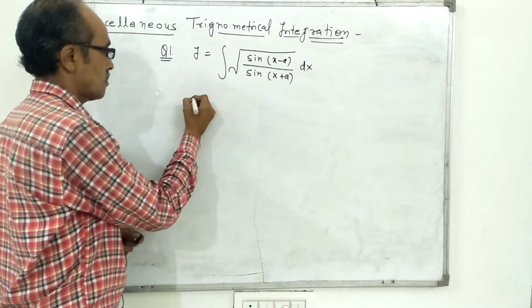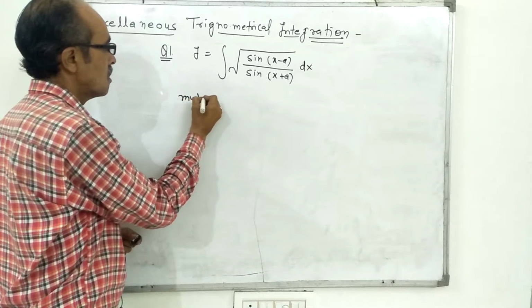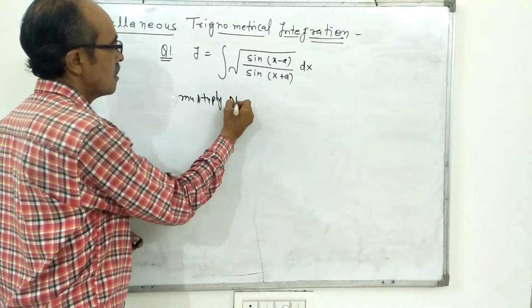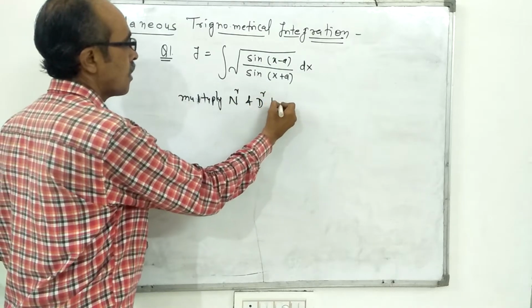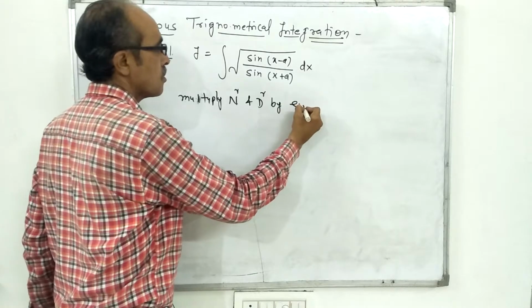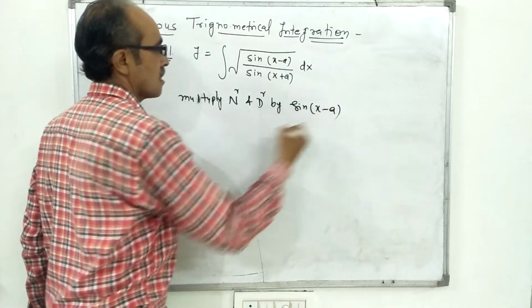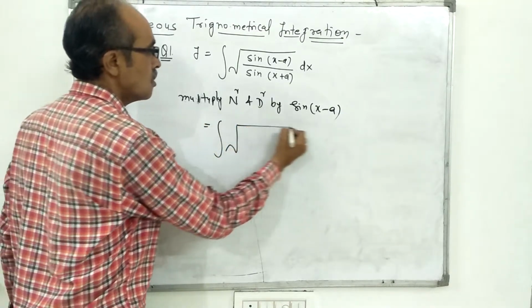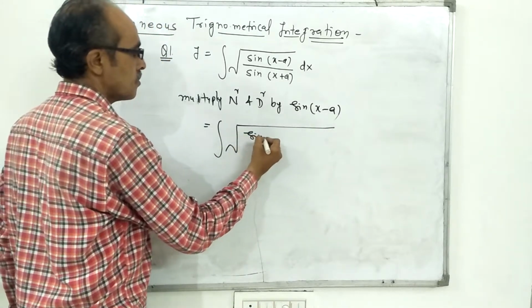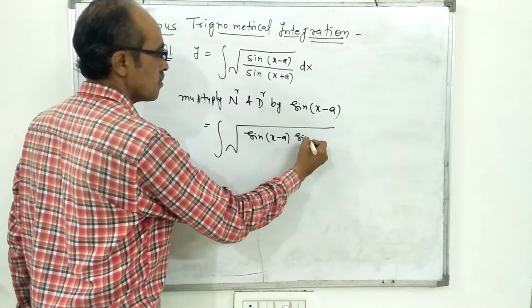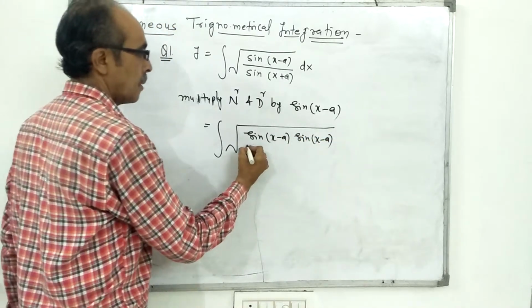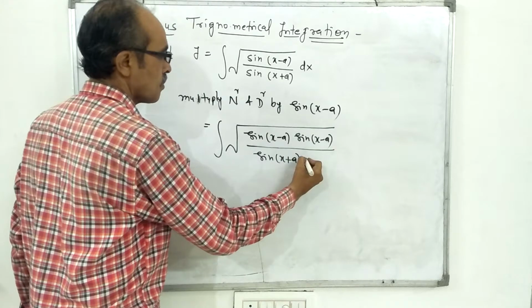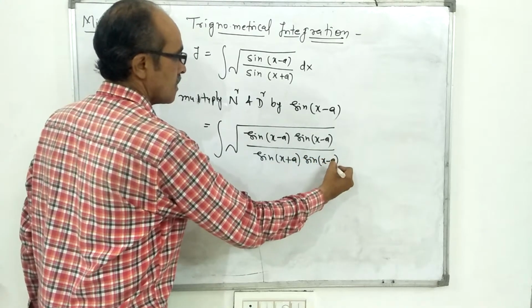So the integral is equal to the integral of the square root of (sin x minus a) multiplied by (sin x minus a), divided by (sin x plus a) multiplied by (sin x minus a), dx.